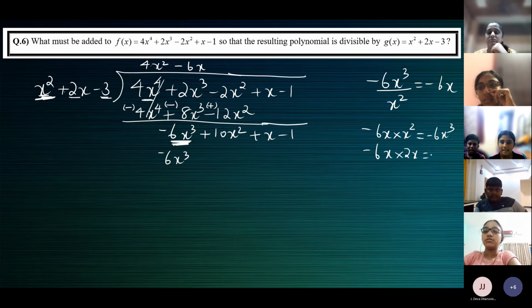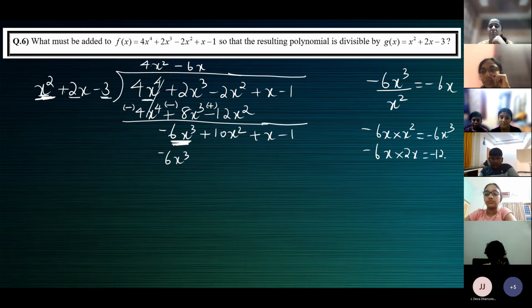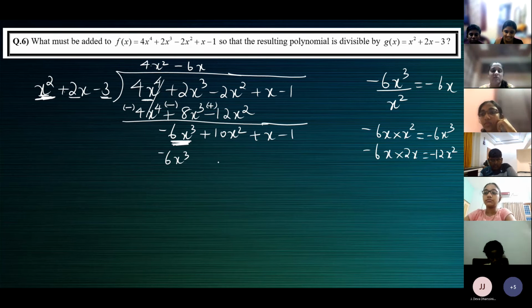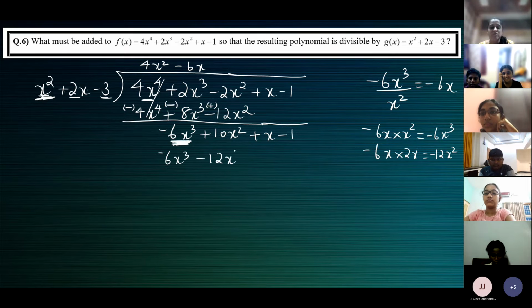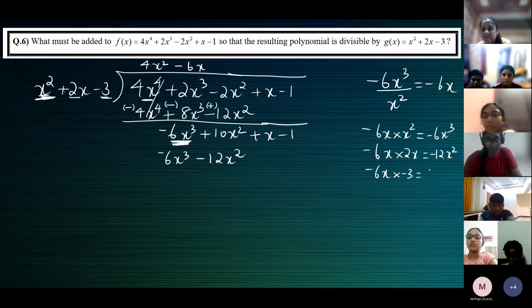Minus 12x squared. What is minus 6x into minus 3? 18x, because minus into minus is plus. So plus 18x or simply 18x.